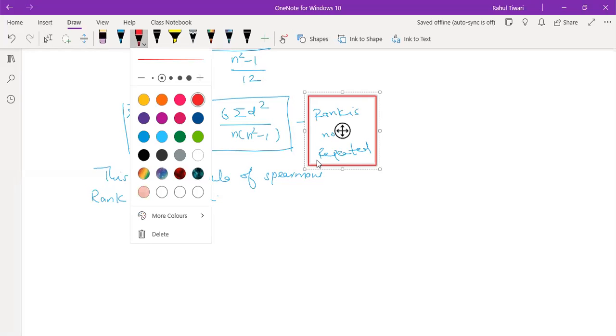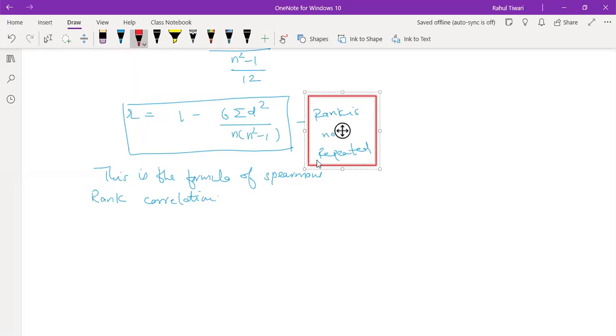So if rank is repeated, note, one can use the below formula.